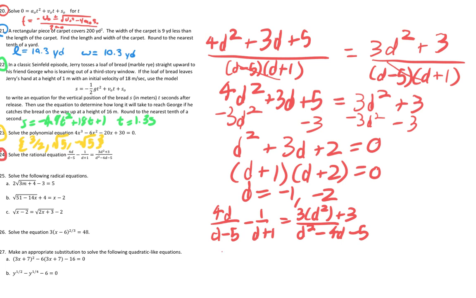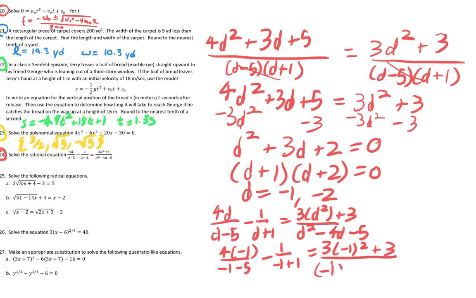So we're going to have 4 times -1 over -1 minus 5 minus 1 over -1 plus 1 is equal to 3 times -1 squared plus 3 over negative 1 squared minus 4 times negative 1 minus 5.